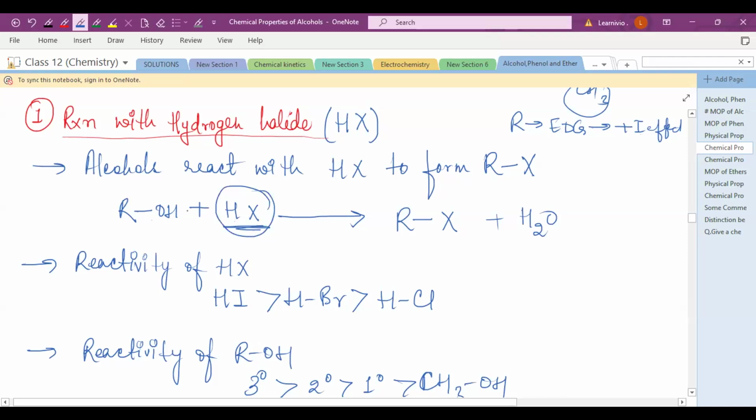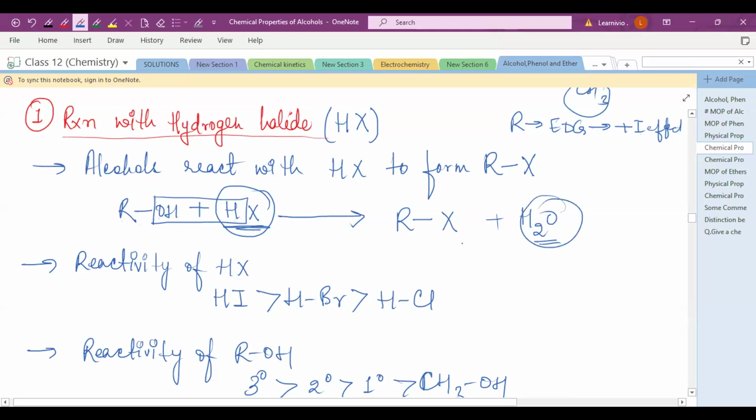So what happens from here? What you are supposed to do again is dehydration. OH from the alcohol and H from the halogen acid will combine and dehydrate. Yahan pe water remove kara dena, and the haloalkane will be formed.